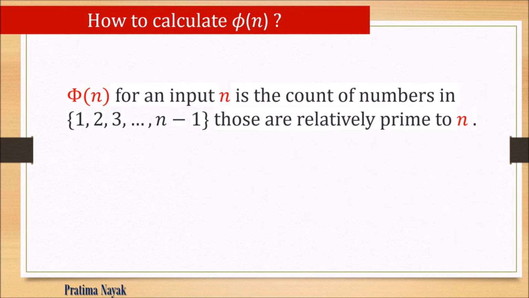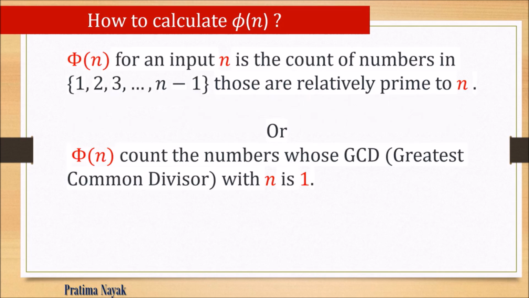Let's see how to calculate phi of n. Phi of n for an input n is the count of numbers in the set 1, 2, 3 up to n that are relatively prime to n.